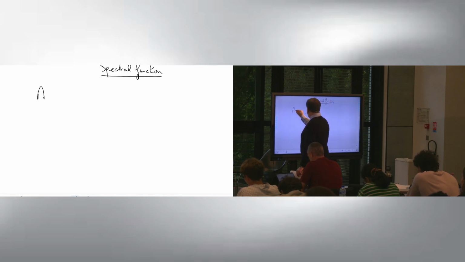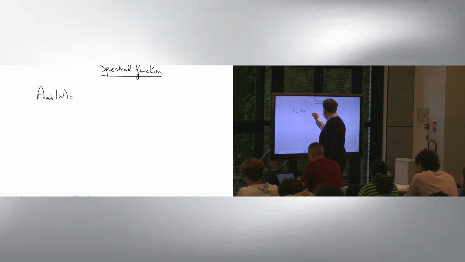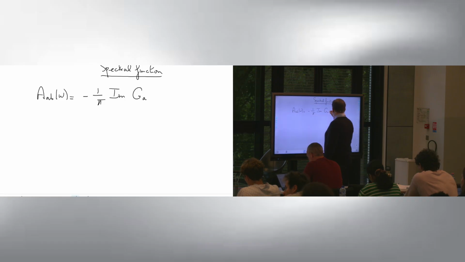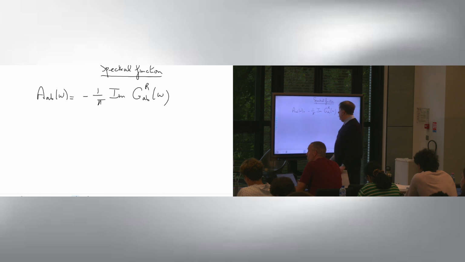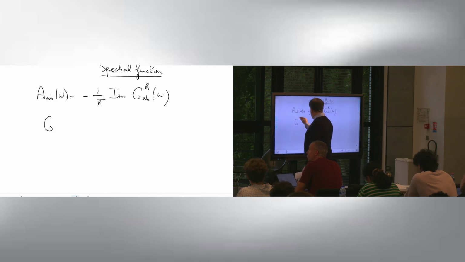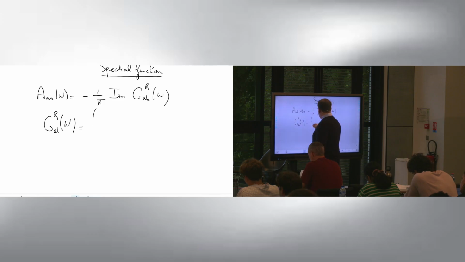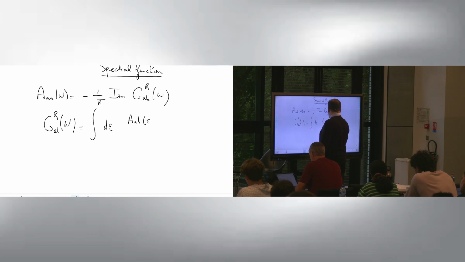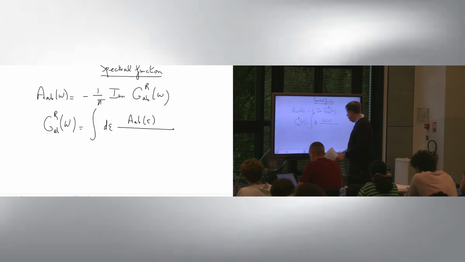The spectral function A AB of omega is going to be defined by minus 1 over pi times the imaginary part of G AB R of omega, and the Kramers-Kronig relation inverts it, given by this relation here.